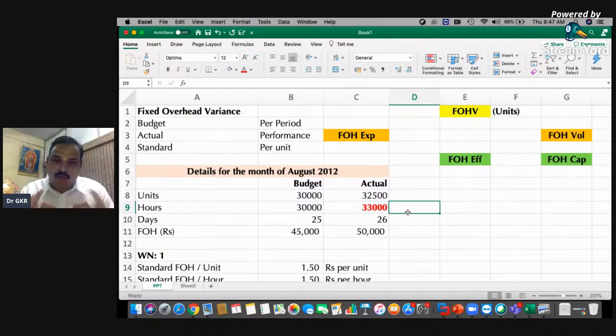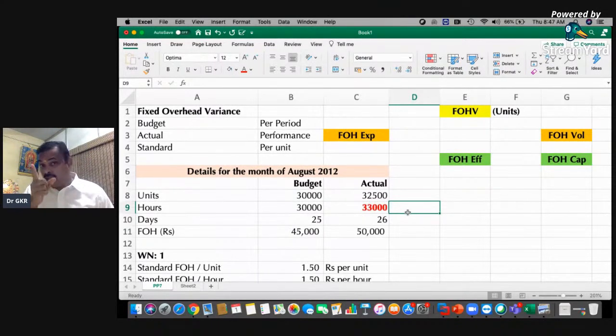Now, we are going to find whether what you have spent, 33,000, is a favorable expenditure or an adverse expenditure. Now you are going to find variance. You are going to compare, like your mother or father or uncle or aunt or your teacher, and find the fault.